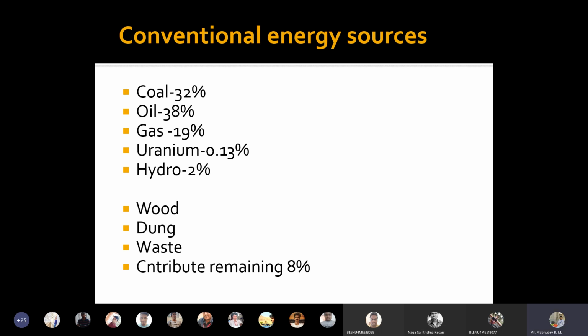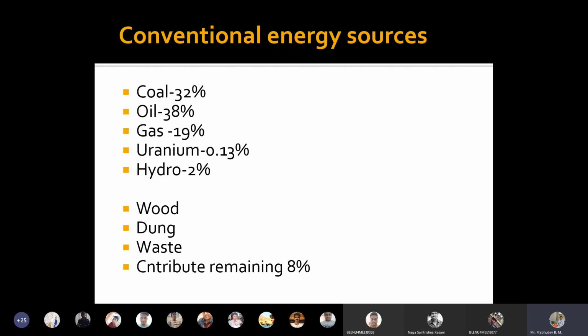Next is conventional energy sources. What are the conventional energy sources available? There is another alternative which I would suggest: nuclear power is there, and some more coal reserves are also available. But the problem with coal is it is more polluting.